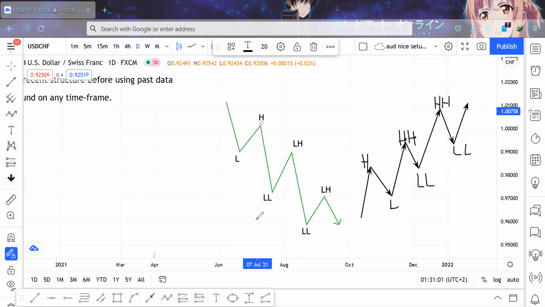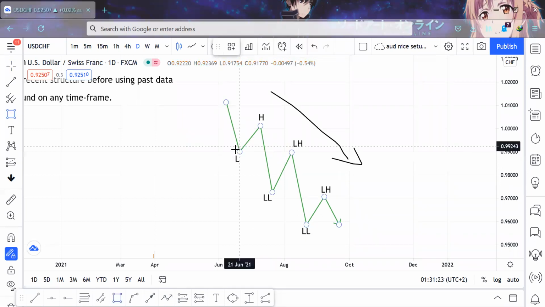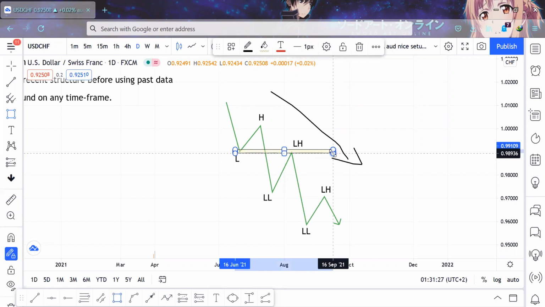Now, if you're moving in a downtrend, right, and you identify your low and your high here, that means that you generally have a level in the market here which you will be waiting for the market to come to, right? Remember we're moving in a downtrend here. Now, say for instance that your lower low is broken here, and then the market pushes to the downside, right?